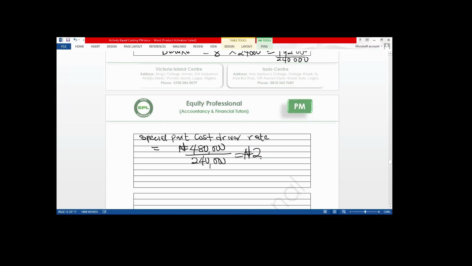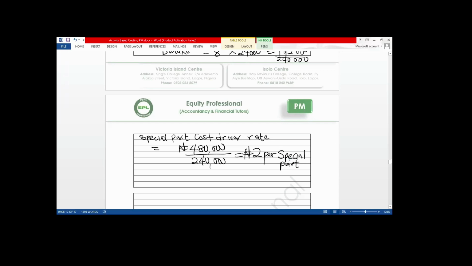Please, guys, you must always indicate the cost driver. ₦2 per special part.